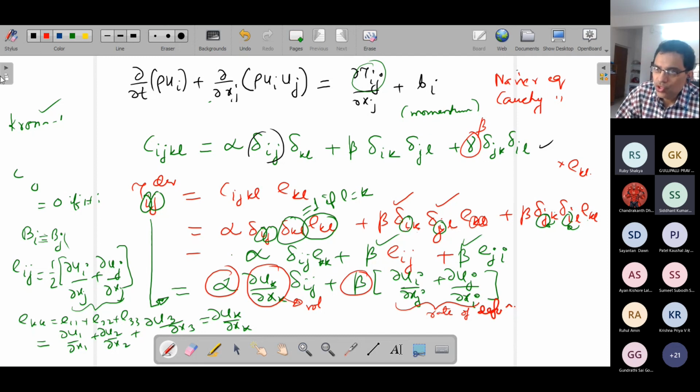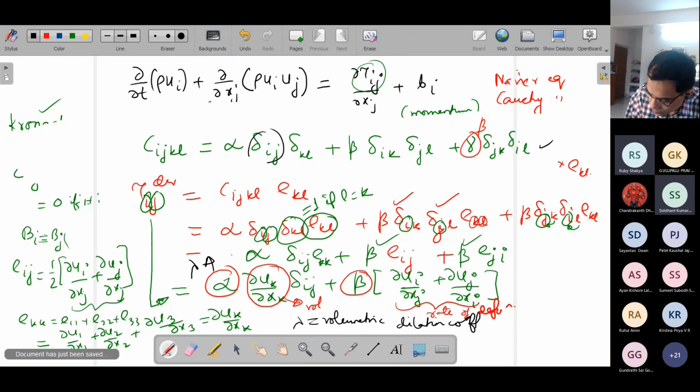So these coefficients, to recognize their corresponding physical implications, are given some universal symbols. This is given a symbol of lambda, which is called the volumetric dilation coefficient. And this is our viscosity, because the stress versus deformation is related to viscosity by the physics of viscous flows.